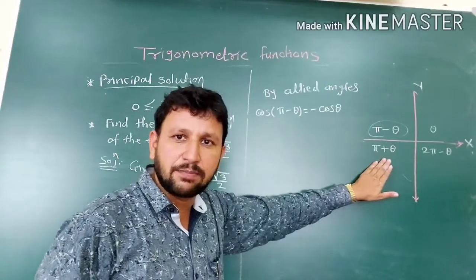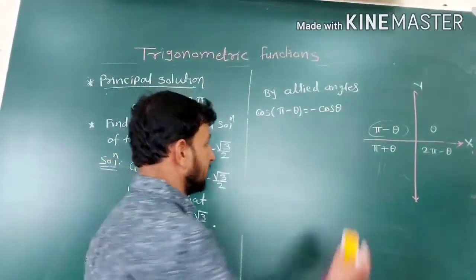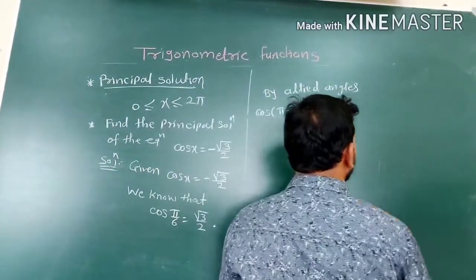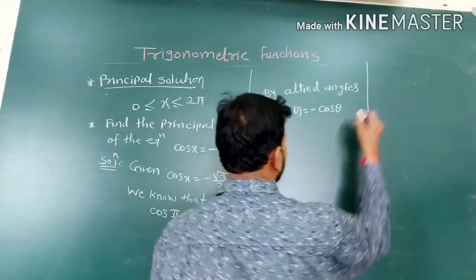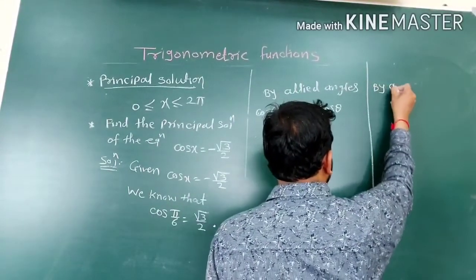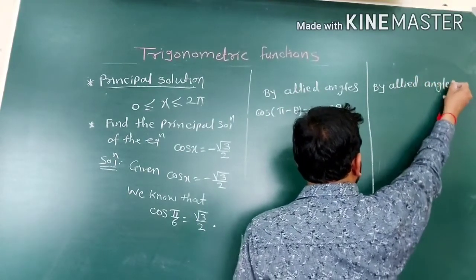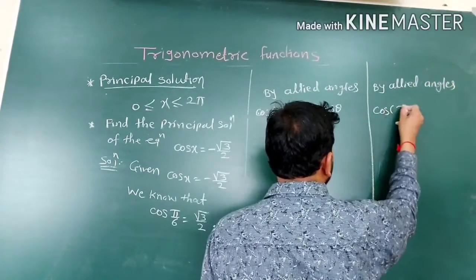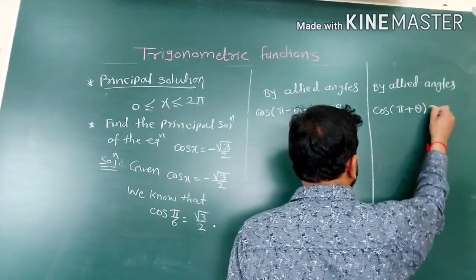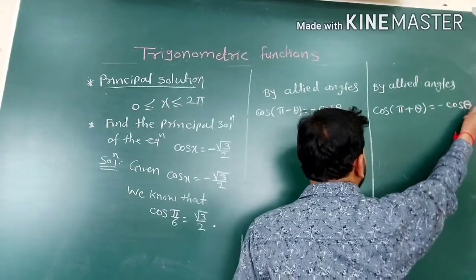Third quadrant angle is pi plus theta. I am writing simultaneously here. Next angle pi plus theta from the third quadrant, by allied angle formula, cos of pi plus theta is equal to minus cos theta.